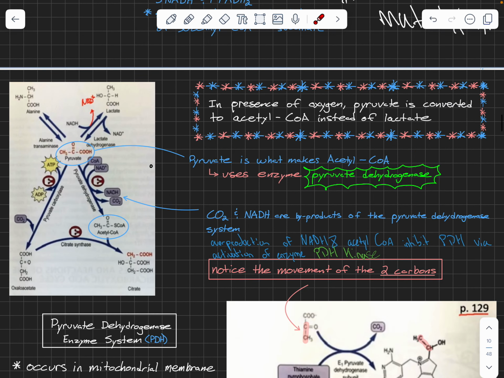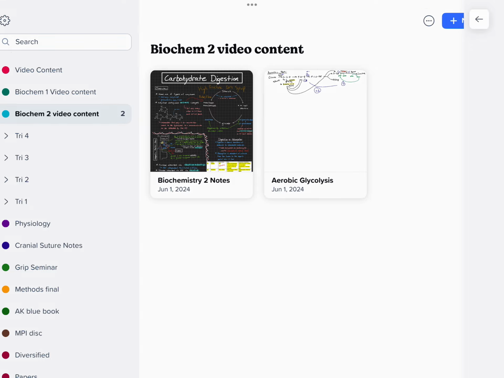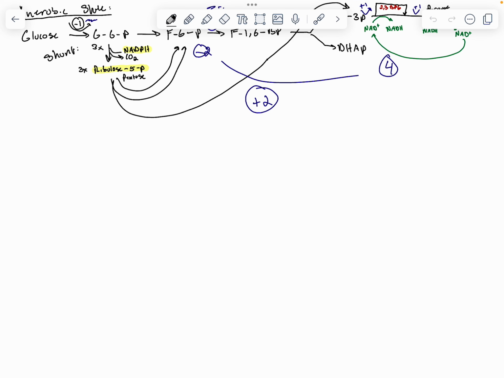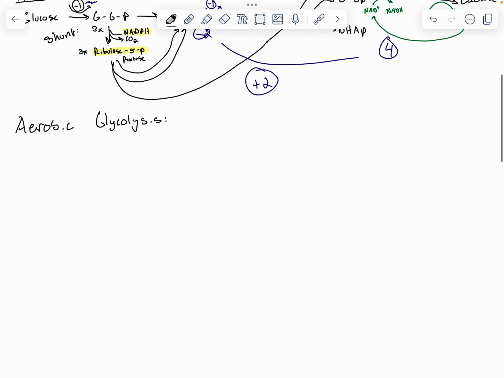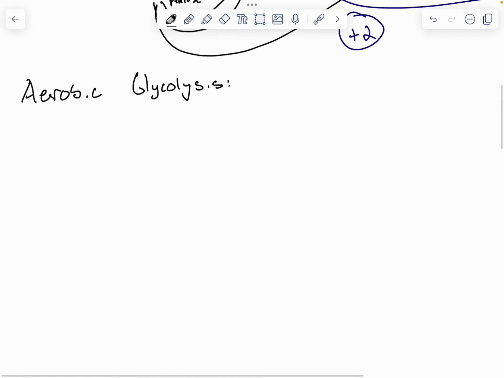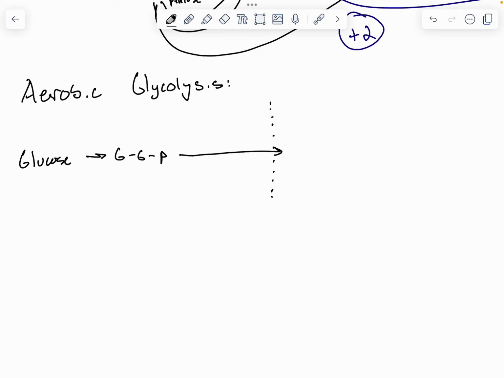So let's go make a little new highway on our drawings. Let's go aerobic glycolysis. I'm just going to make a very simplified version of this just to save some time. We're going to start with glucose, and then G6P, and then we're going to flash down here, and this is just going to be a little divider.